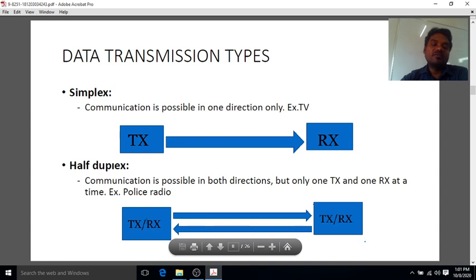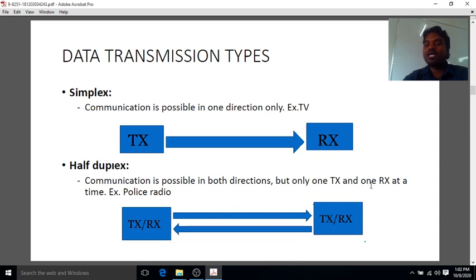When one policeman is speaking, the other has to listen, and after completion of his activity, the receiver has to start again. So it is a two-way communication, but at a time one has to speak and one has to receive. Only one transmitter and one receiver at a time. That is a police radio, that is nothing but a walkie-talkie.